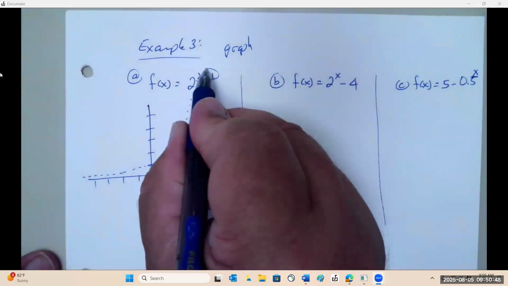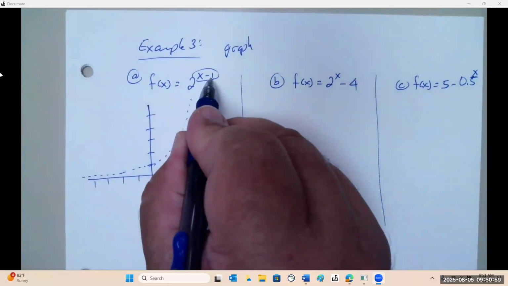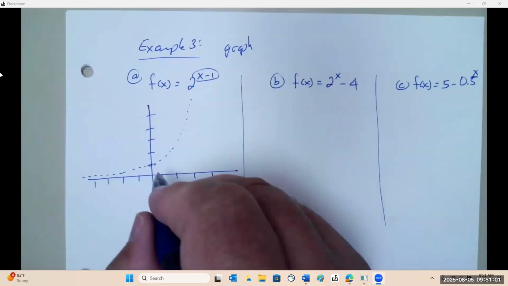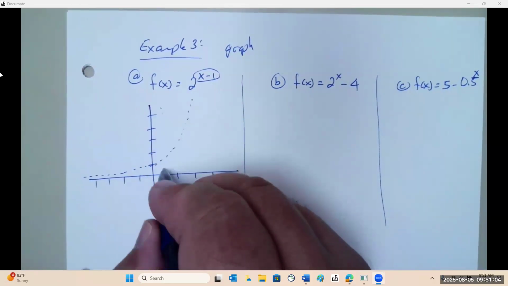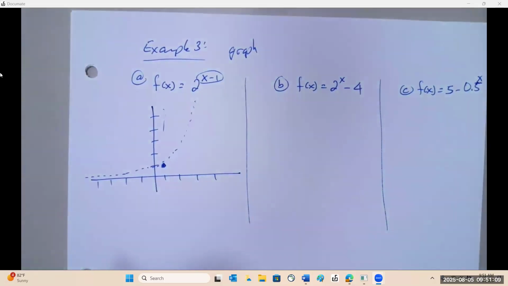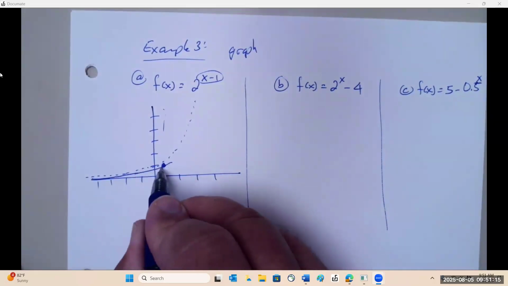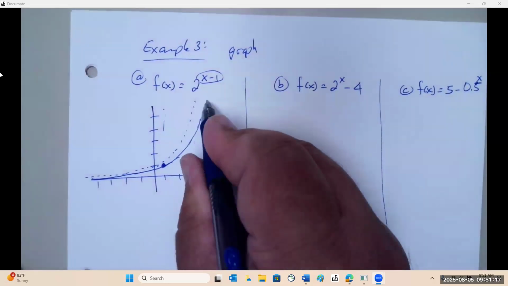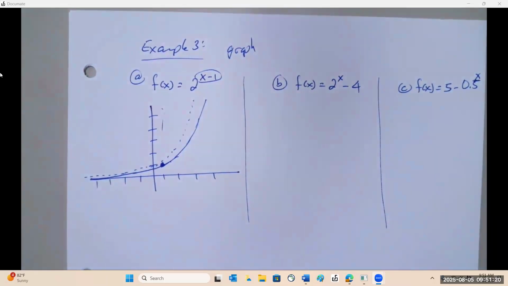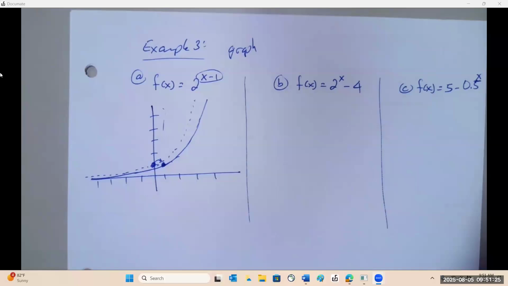It's a horizontal shift because it affects the x value. So we shifted to the right one. So now this is my new origin right here. So my y-intercept is at 1. It shifts over one space to the right.